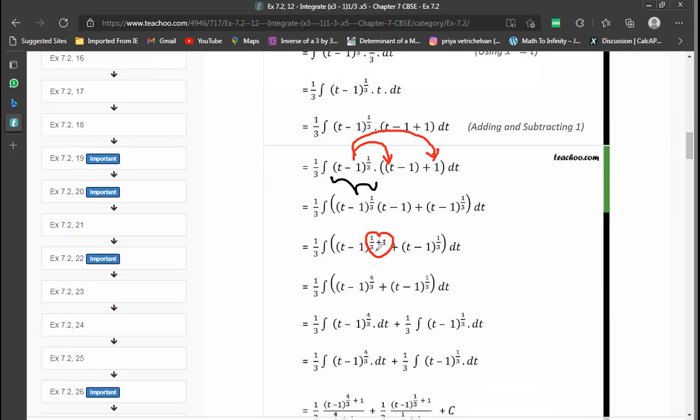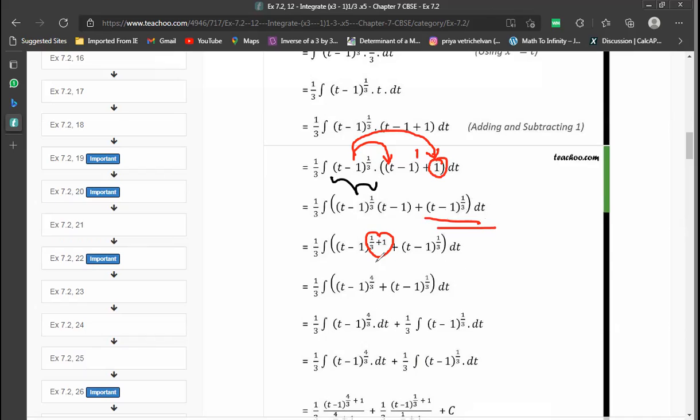Because we have the same base, you just have to add the powers. The power of t minus 1 is nothing but 1. And when you multiply t minus 1 the whole power 1 by 3 to this, it will be t minus 1 the whole power 1 by 3.